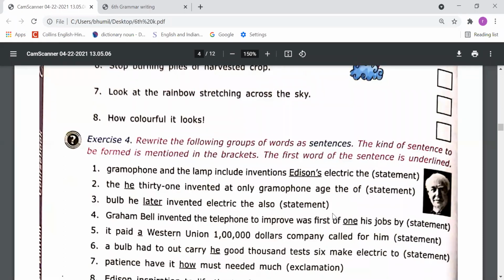So dear students, we have to read these words, and the type of sentence we need to form is written at the end. Whether it is a statement, interrogative or exclamatory sentence, that is written at the end. And the first word, meaning the subject you have to use, has been underlined, right? So let's do this exercise.